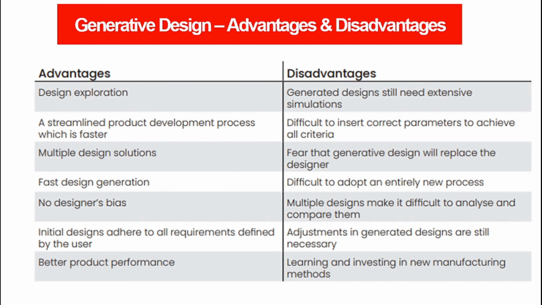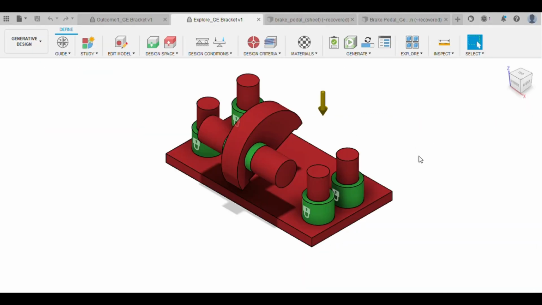So now we will see an example using Autodesk Fusion 360 software of how generative design is practically being used. So this is a GE aircraft bracket. An aircraft bracket helps in supporting two different components.